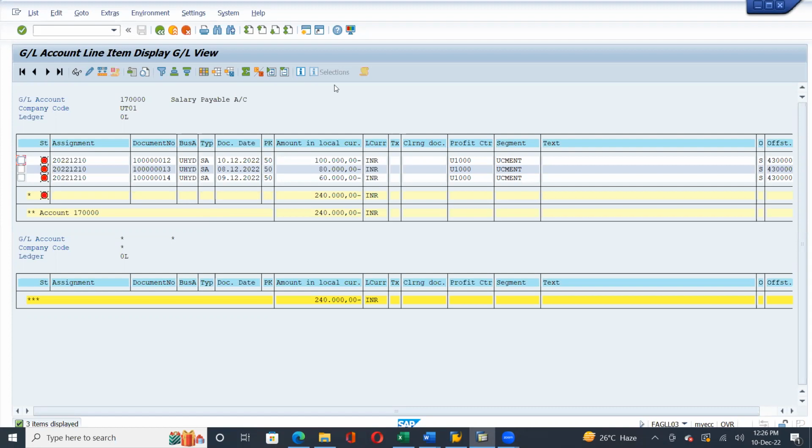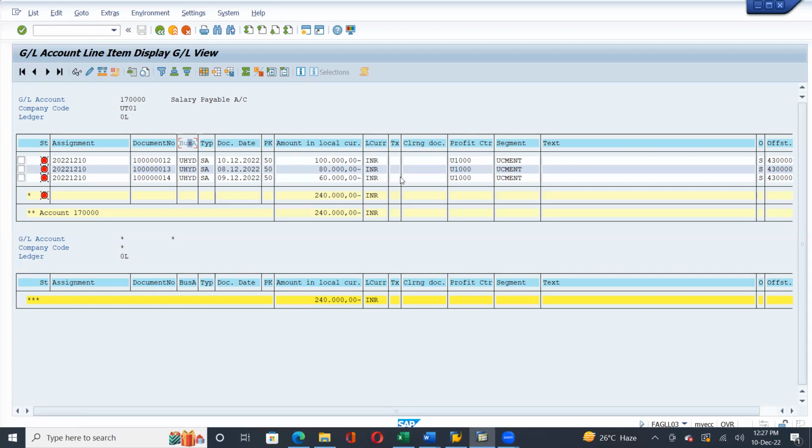Hope you understood what I want to share. We have a leading ledger and non-leading ledger concept. In the leading ledger, by default, it is showing 0 ledger, and we are able to view the report as per the ledger wise asset. We are able to see the business area, the profit center and segment.